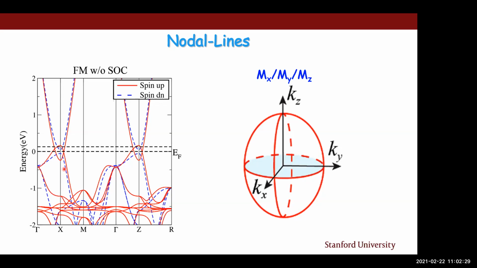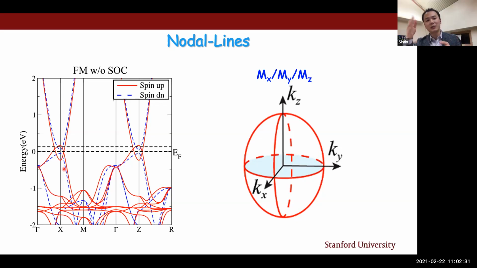Yeah, for ferromagnetic systems, in the calculation part, if you don't consider the spin-orbit coupling, you still have the time reversal symmetry.